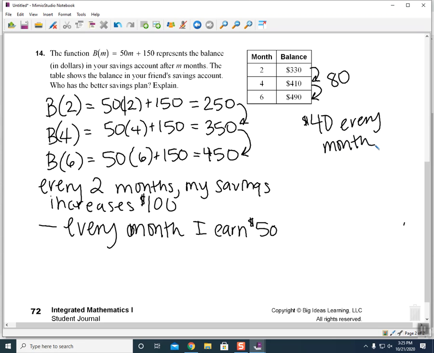I'm making $50 every month. My savings plan is the better savings plan because eventually I'm going to make more money than they do, and then I'm going to continue to make more money than they do because I'm earning $50 every month, they're earning $40 every month. Eventually I will surpass them, and so I have the better savings plan.